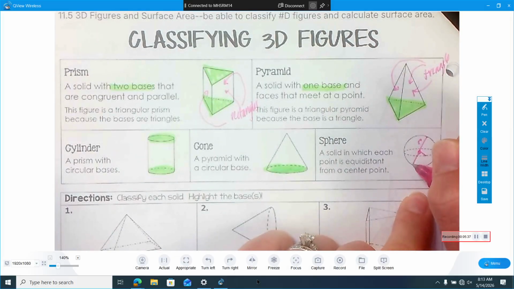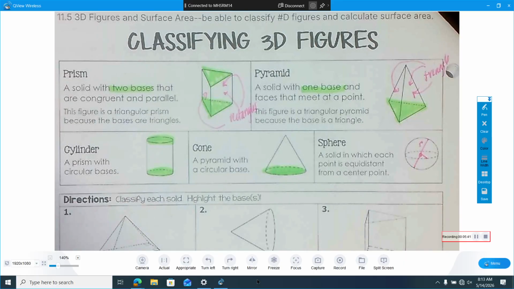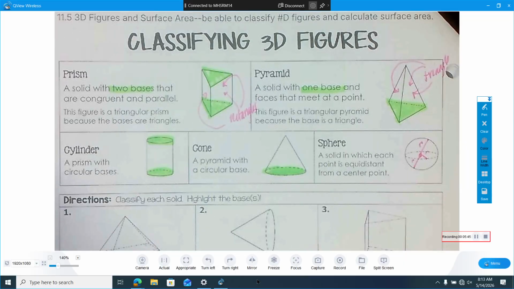It can go straight down. But a radius always goes from the very, very center. And its radius, no matter which way, if it's coming at you or going behind, it's always the same distance from that center point, okay? And so these are all the shapes that we want to be able to identify.